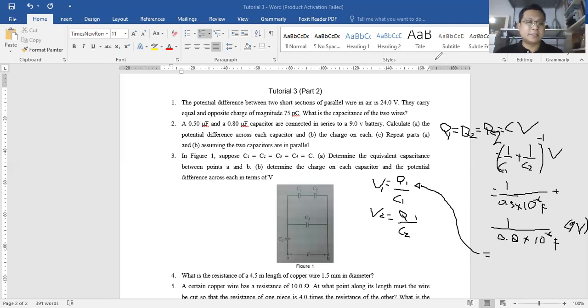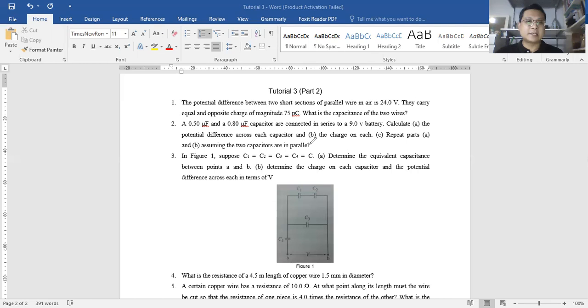Now back to question number B. B is to calculate the Q. Okay, here, this one is for B. Q equal to Q equivalent, so this one we can get from question number A. Now for number C, in the parallel system, the circuit in parallel.